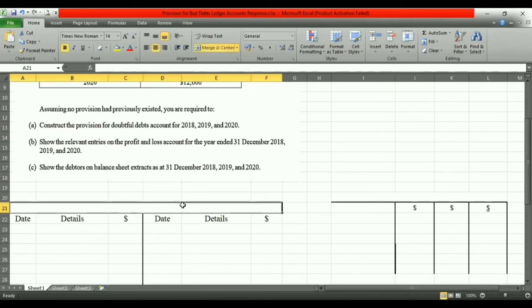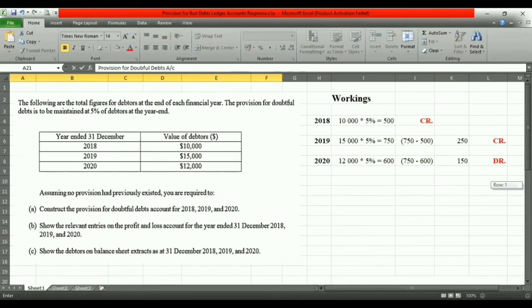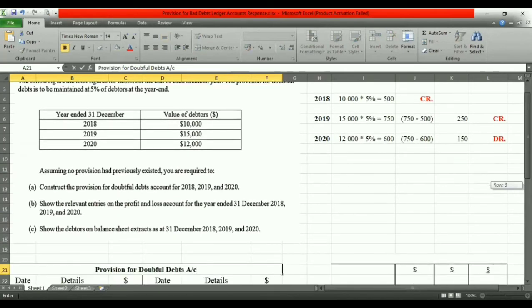So here we are, labeling our account provision for doubtful debts account. And the first year, the first entry that will be recorded in your provisions account is a credit entry.